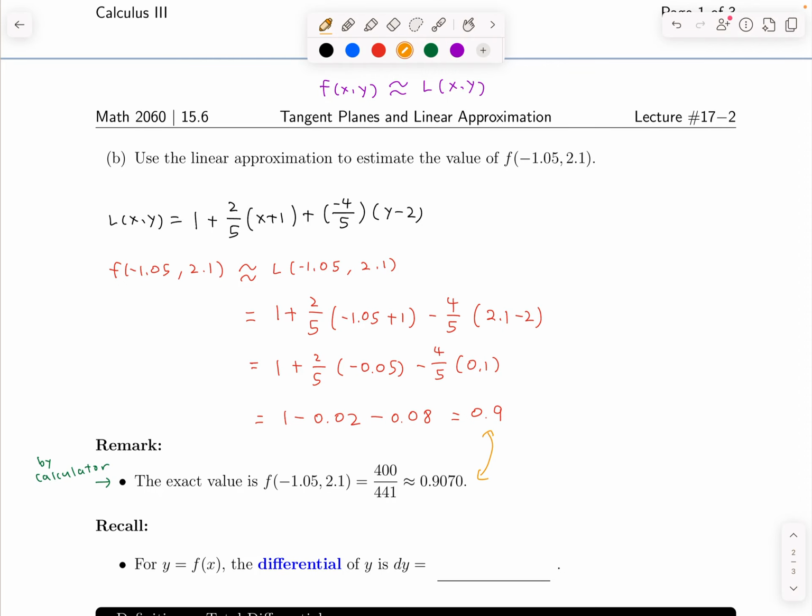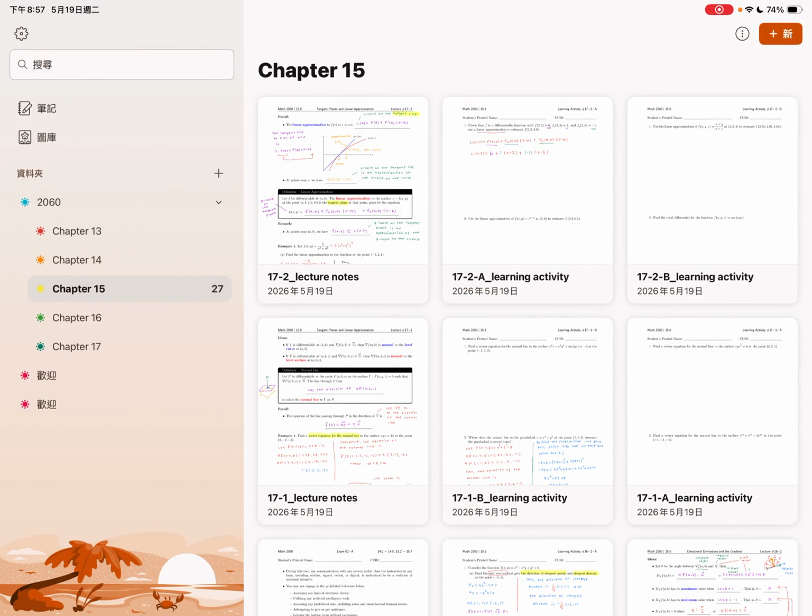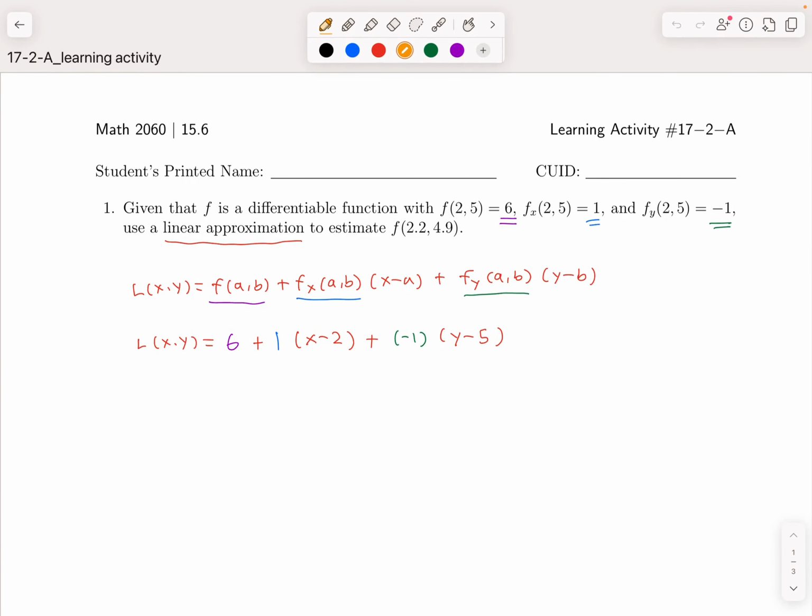Now let's go back to our previous learning activity problem and finish that. Right here, we have our linear approximation, and we would like to use it to estimate f of 2.2 comma 4.9. So f of 2.2 comma 4.9 is approximately equal L of 2.2 comma 4.9.